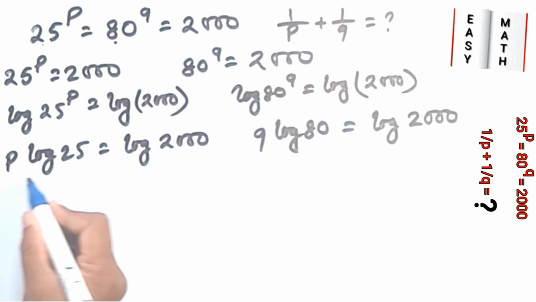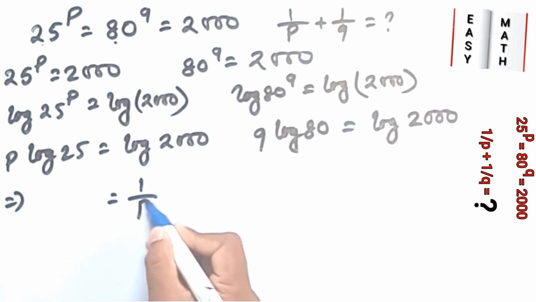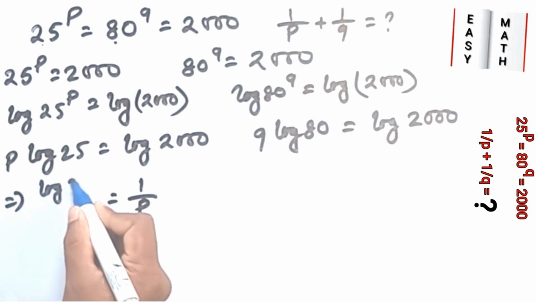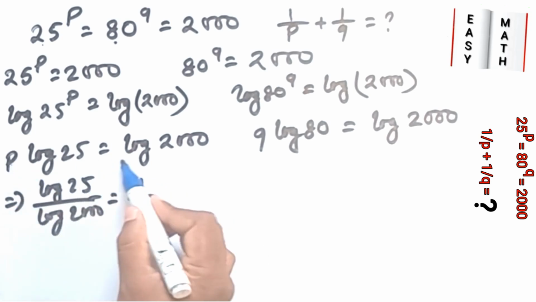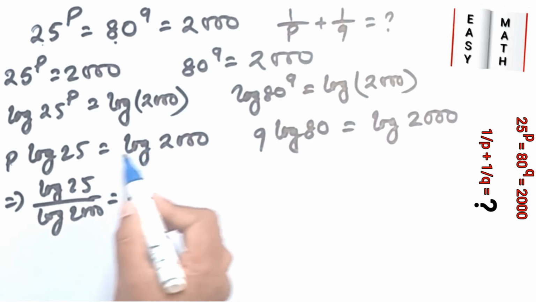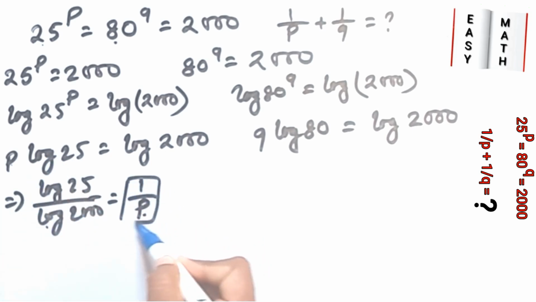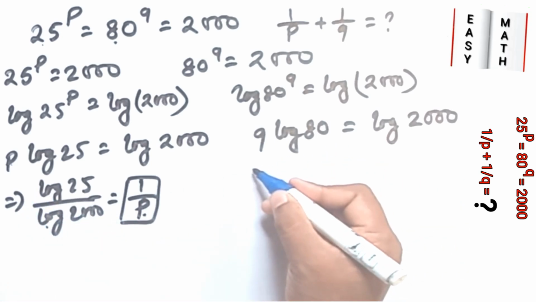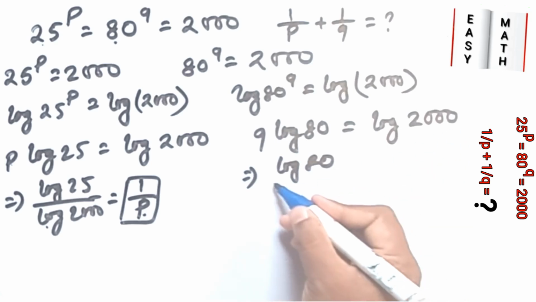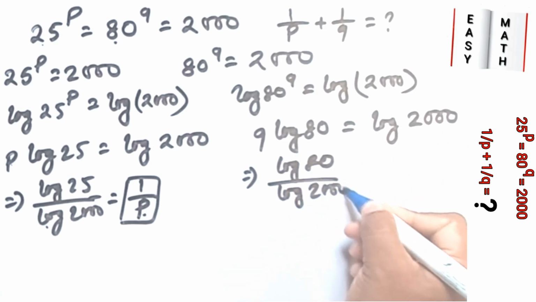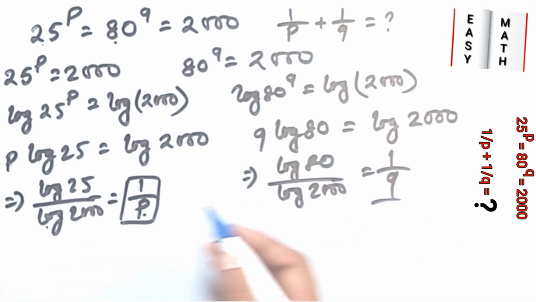Now this p here, so 1 by p is log 25 divided by log 2000. Similarly, 1 by q is log 80 divided by log 2000.